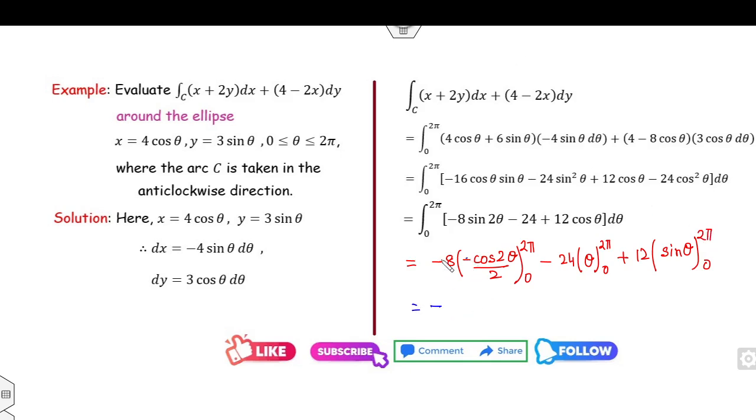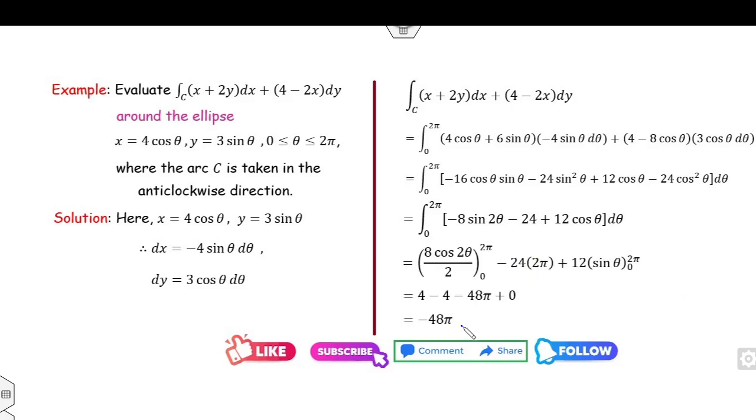Now it is minus minus plus 8 over 2. Cos of 4 pi is 1. Cos of 0 is 1. Minus 24 times 2 pi. Sin of 2 pi is 0. Sin of 0 is 0. This term is cancelled. The answer is minus 48 pi, which is the correct answer of this problem.